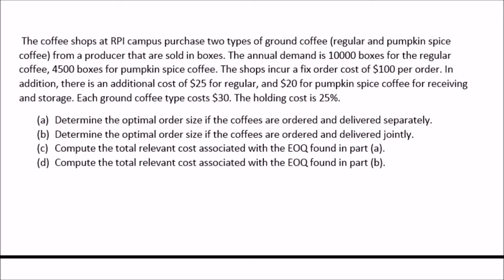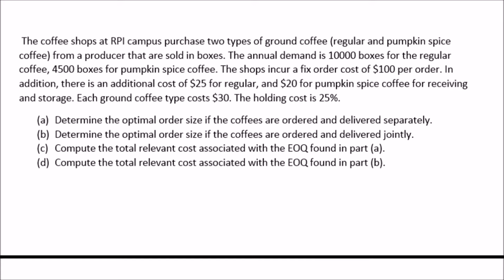If we go back to the assumptions of EOQ, the demand is not variable, the item cost is fixed, ordering cost and inventory holding cost are fixed as well, and the lead time is constant. What this means is we order and then we receive the item, and the time between ordering and receiving the item is constant all the time. These are the basic assumptions of EOQ models.